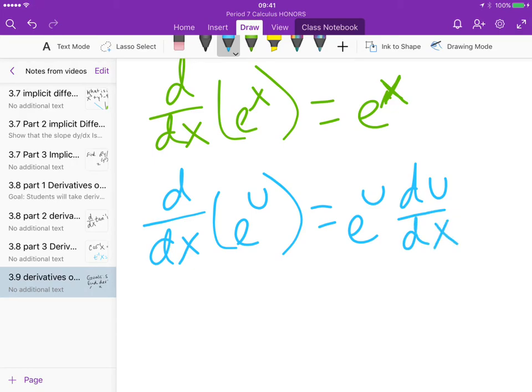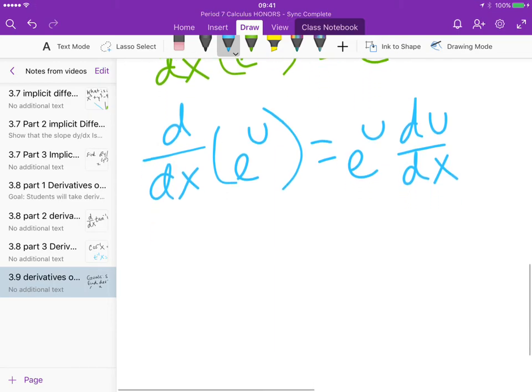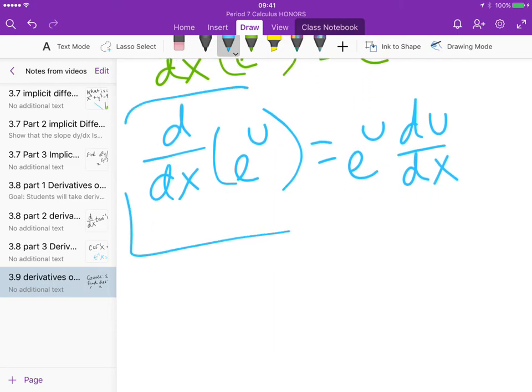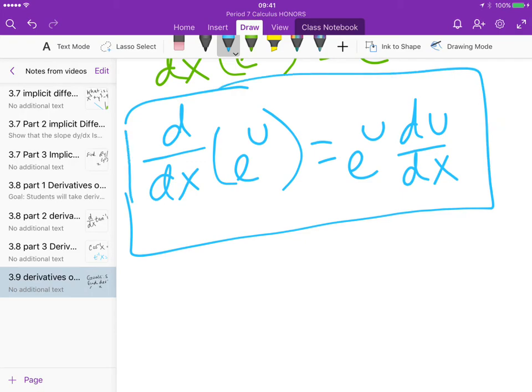So before we get out of here, let's do one more formula. Keep this in your back pocket, extremely important to know. And that also leads us into our other one as well.